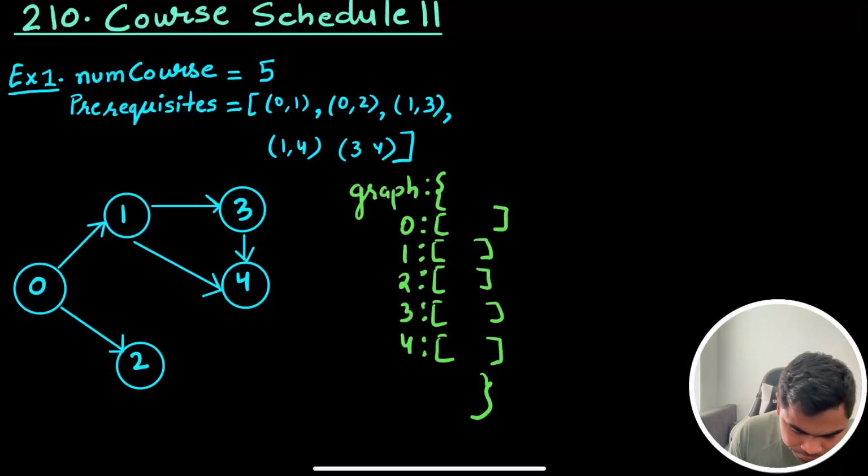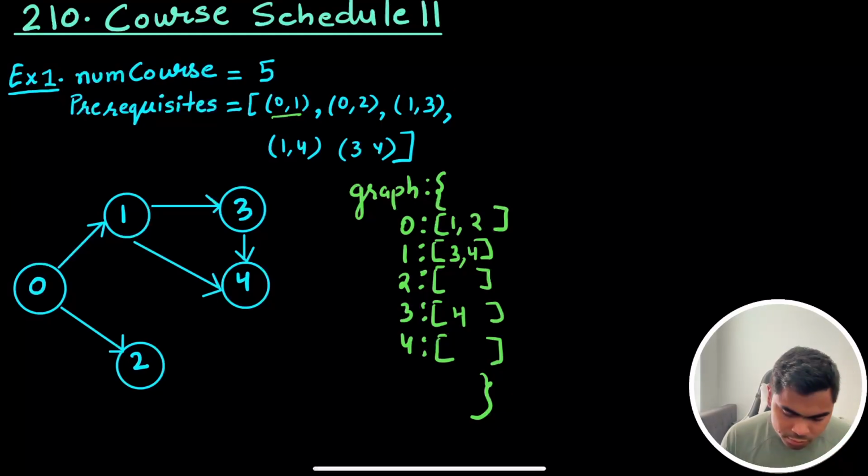For 0, we're going to go one by one. What are the neighbors of 0? 1 is a neighbor of 0, 2 is also a neighbor of 0. Then 1's neighbors are 3 and 4. 2 does not have any neighbor, 3 has 4 as a neighbor, and 4 does not have any neighbor. So we'll have this list, basically graph. This graph is an adjacency list.